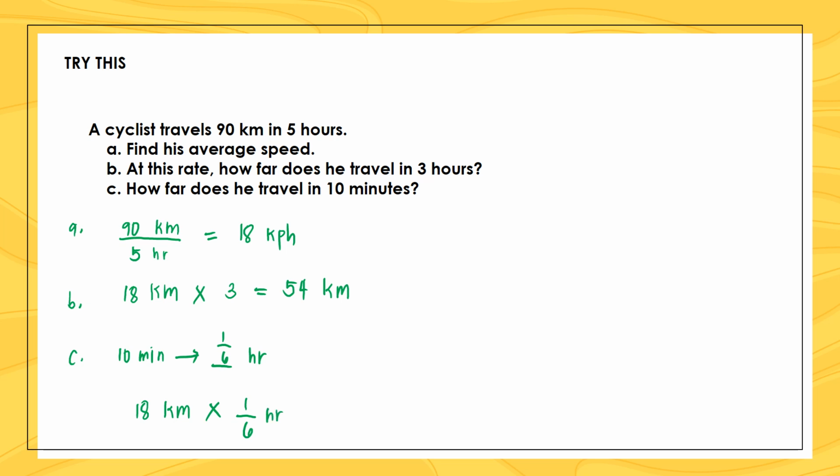So 18 kilometers times, no need for the unit since we're talking about the distance, 1 over 6. So that is simply 18 times 1 divided by 6. So that will be 3 kilometers. Okay, so this is the distance that the cyclist could travel in 10 minutes. So kindly check if you answered this question correctly.